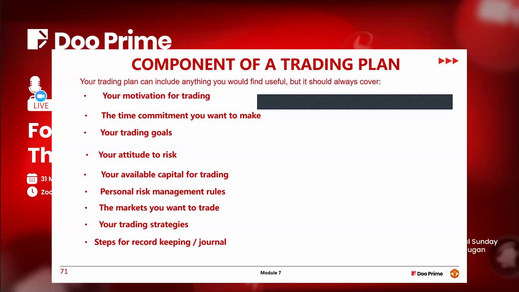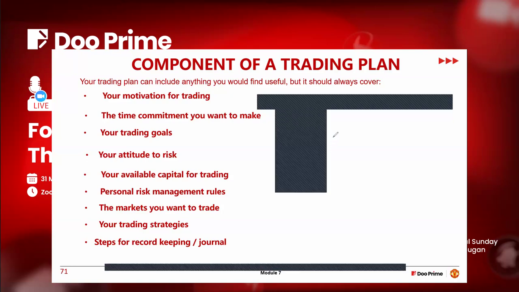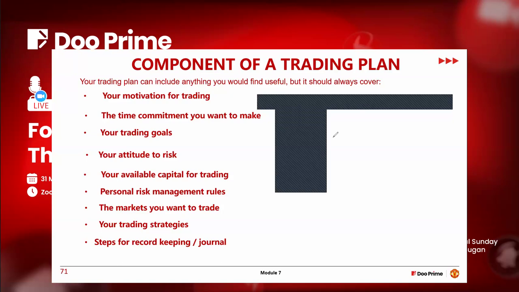Now, that's by the side. Another good thing about journaling is this. It will help you because while you're entering trades, you will need to write why you entered the trade. The reason why you entered that trade, you will need to state it out. Okay, I entered this trade after seeing an engulfing candle at my resistance level of price, and I'm expecting the market to drive to this level.